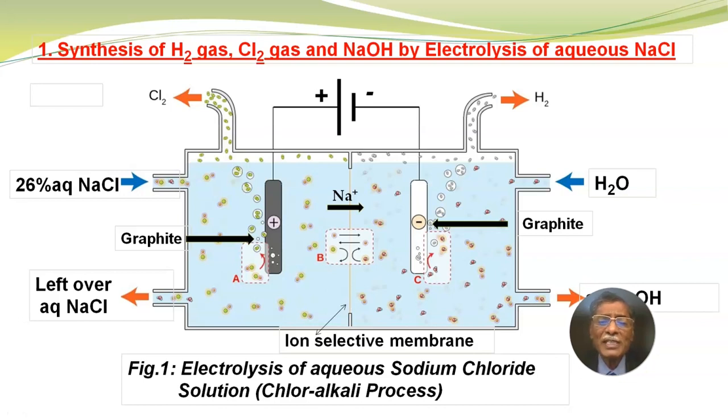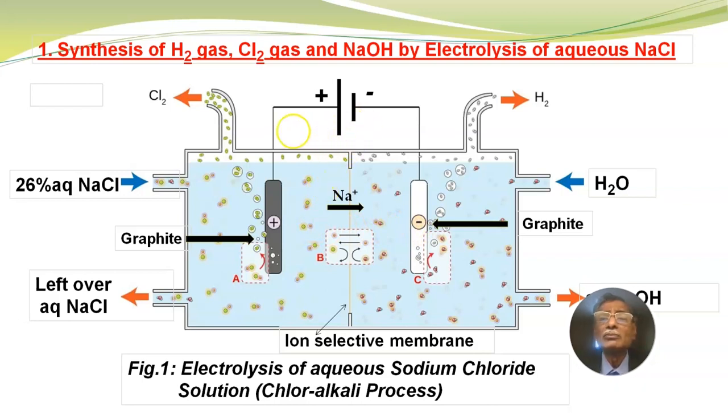The function of ion selective membrane is to allow only sodium ions from anodic compartment to cathodic compartment. It does not allow hydroxyl ions or chloride ions from cathodic compartment to anodic compartment.